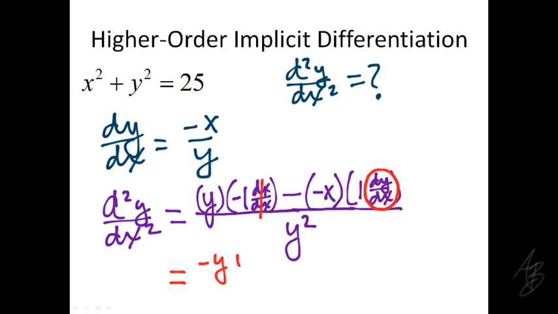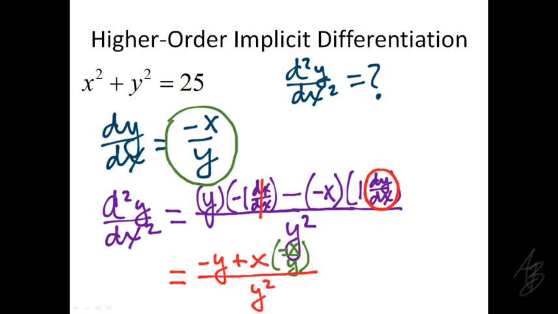So we're going to have plus x times the derivative of y with respect to x, which is this right here. So we're going to plug the negative x over y in for the first derivative here. So we have negative x over y, and that is all over y squared still.